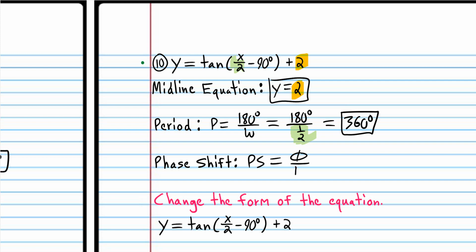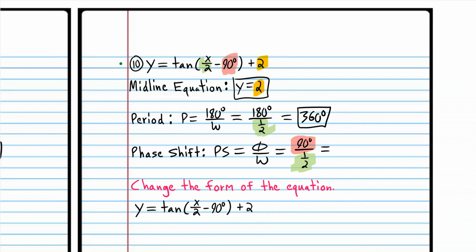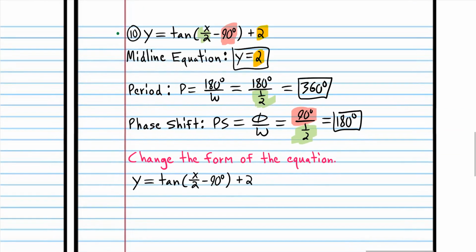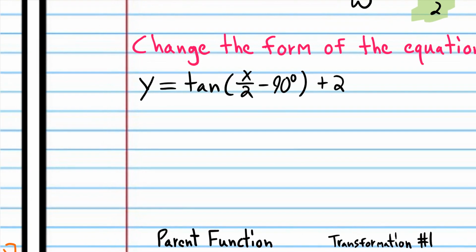Phase shift is phi over omega, and phi is 90 degrees. And omega again is 1/2. So 90 degrees over 1/2. And the phase shift is 180 degrees. So now I'm going to change the form of the equation to make it easier to graph.